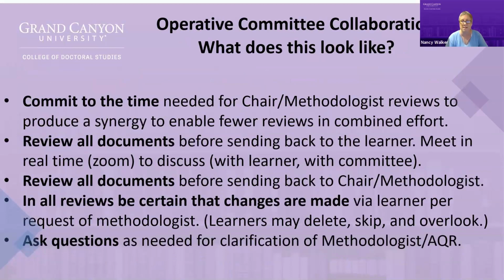So what do committee collaborative efforts look like? It's having the foundation of being time committed, basically having the commitment to meet with the chair, methodologists, and the committee to produce a foundation of synergy, discussions, and a plan of action for the learner, meeting with the learner and reviewing all documents before sending them back to the learner in real time in Zoom to be effective for learner progression.